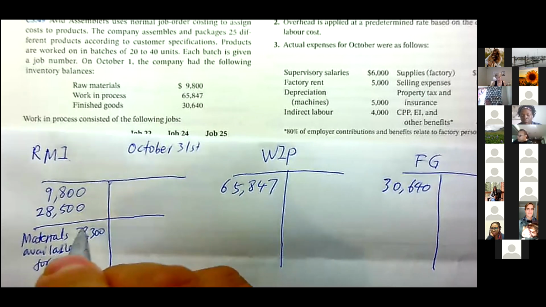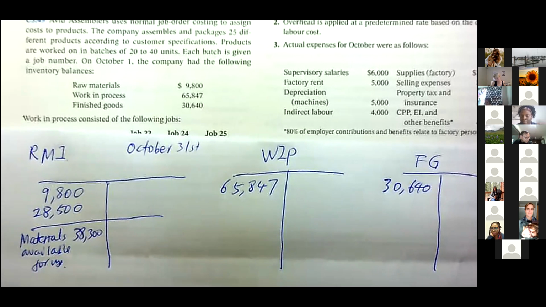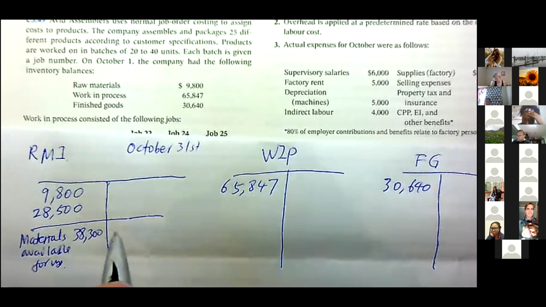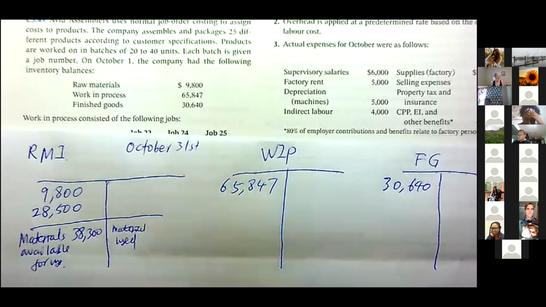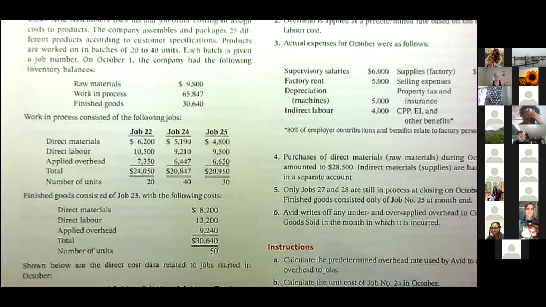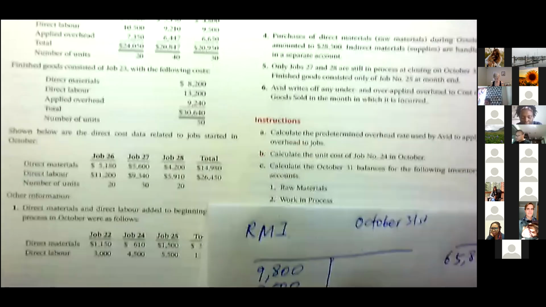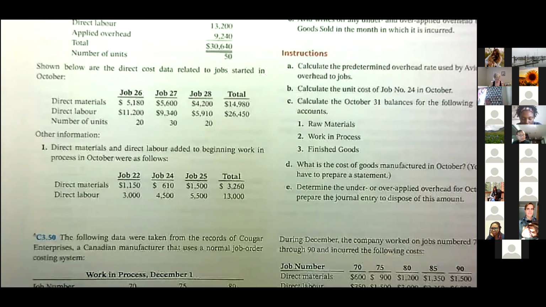Thank you so much. So then materials used. How do we know that? Materials used in October, so that would be the cost here, right? Just a second here. So in October, these are the materials used. Is that correct?